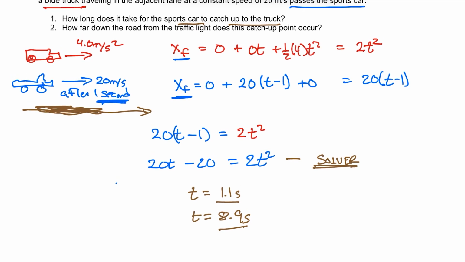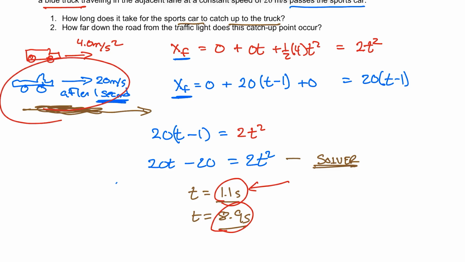The red car guy is going to start moving, and after 1 second, the truck is going to pass him, at 1.1 seconds. But since the sports car continues to accelerate, he will then pass the truck at 8.9 seconds. So the answer to question 1 is 8.9 seconds.